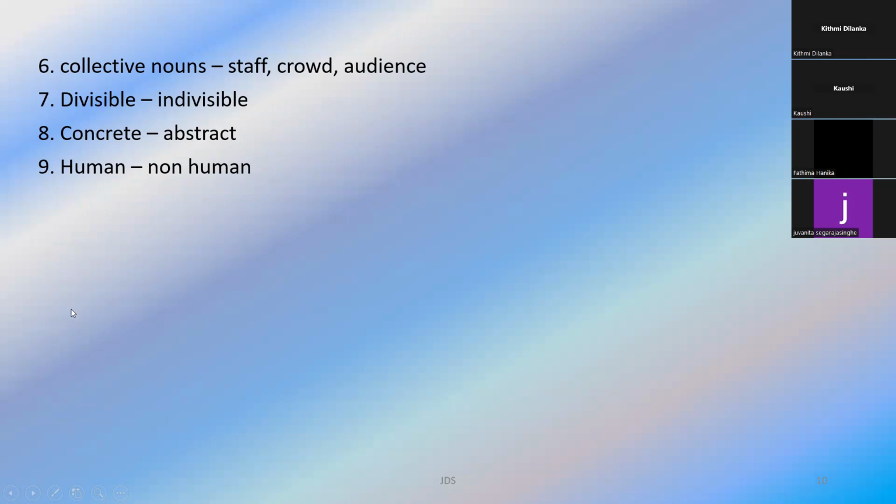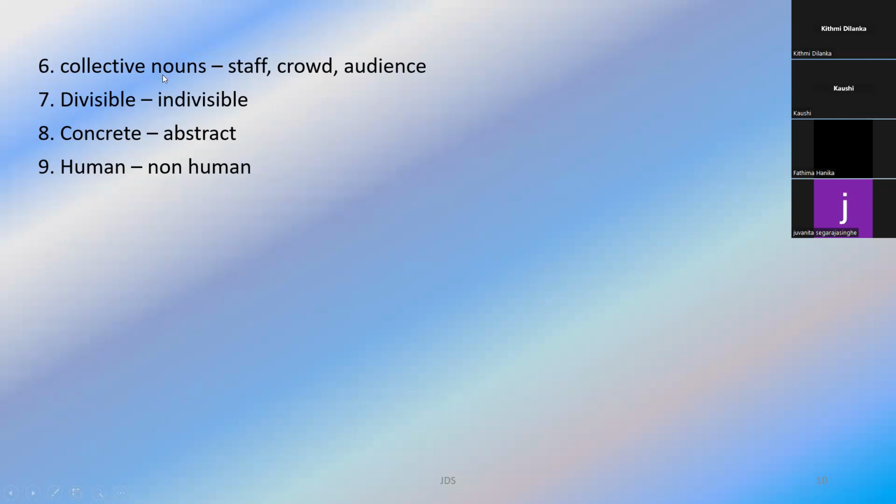Divisible means that nouns which can be divided. Indivisible, nouns which cannot be divided, which has to be taken as an entire entity. So these are some other classifications of very rare use.